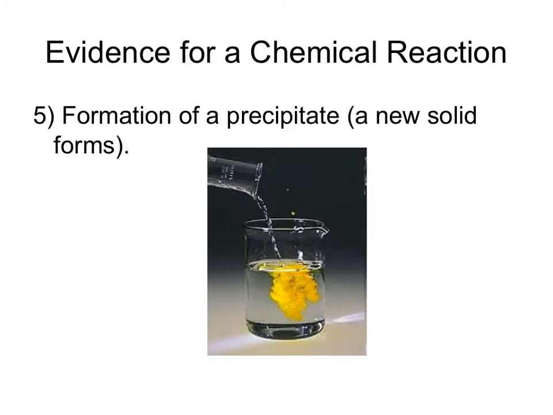And then the last one, this is a new word called precipitate. A precipitate is when a new solid forms. Generally speaking, what happens is you combine two liquids, and all of a sudden you get a solid out. It's floating on the water or sinks to the bottom, but you can tell it's a solid. We saw this as well in that chemical change lab when we mixed the sodium chloride solution with the silver nitrate.